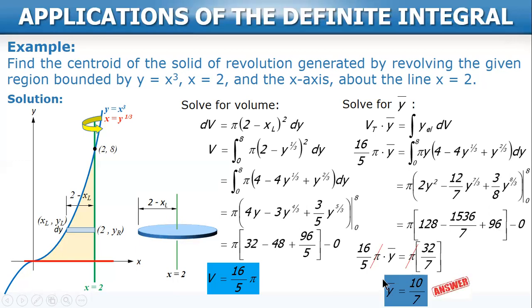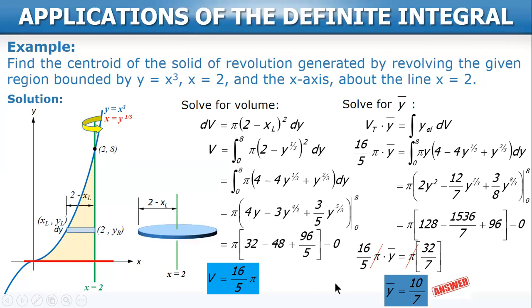Okay, so that's it. So sa solid of revolution, we only solve for one coordinate. The other two coordinates can be determined directly. So this is similar sa area. Ang difference lang, it will depend sa strip.